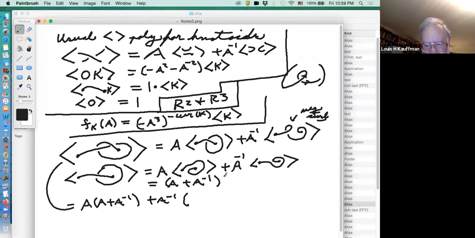So, excuse me, I just got lost. A inverse times, oh, I'm up here. That's right. Yes. A times (A plus A inverse) plus A inverse times negative curl, minus A to the minus 3 times little long, which is 1. And so this adds up to A squared plus 1 minus A to the minus 4.